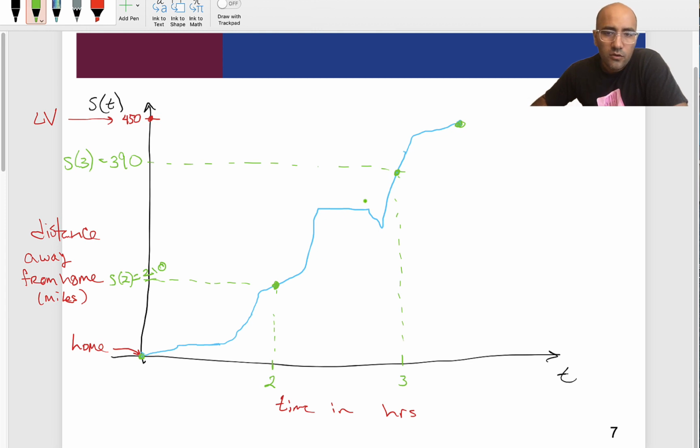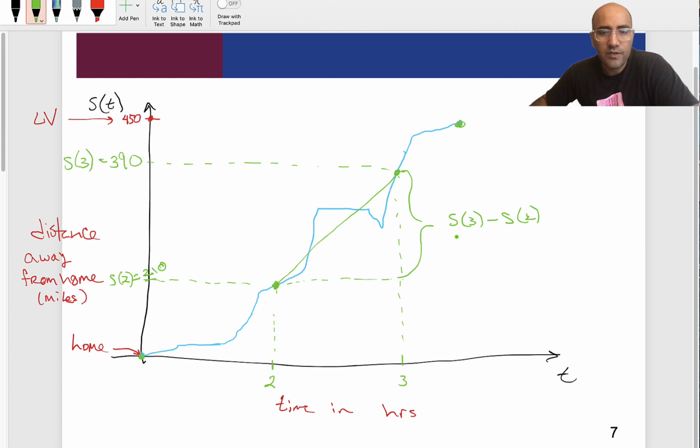Okay, so if I want to find the average rate of change between these 2 points, I would want to connect them, and I want to find the slope of that line. I want to find the change that occurred here, which would be s of 3 minus s of 2, which gives me the change in the vertical direction.